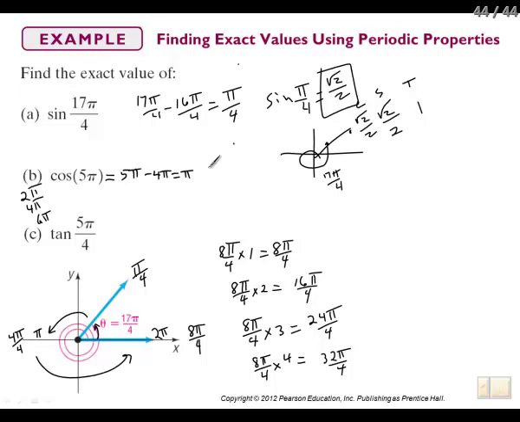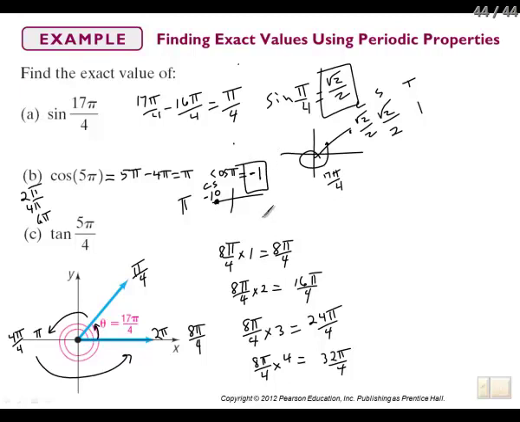So really this would be the same thing as cosine at 1 pi. Well, cosine at 1 pi is negative 1, 0 for cosine and sine. So cosine at 5 pi is the same as cosine at pi, and the value for that would be negative 1.